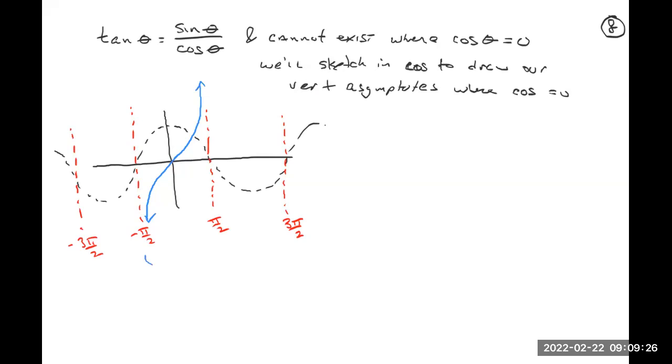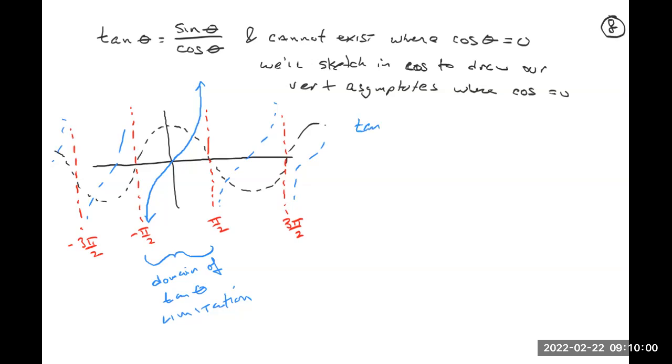And it is here that we limit our domain, because if we didn't, we would just have it repeated here, here, here, here, right? So we only want one of them.